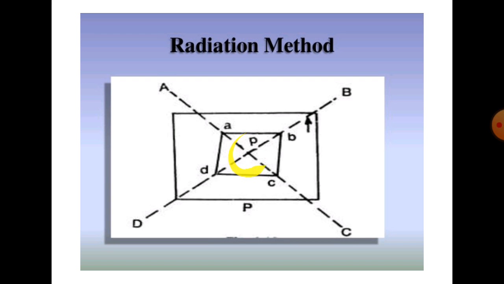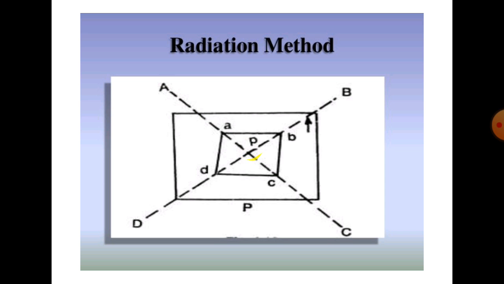Like from P to A the distance is 20 meters. If we take a scale of 1 to 1, meaning 1 meter equals 1 centimeter, then 20 meters is marked on paper as 20 centimeters. See this dotted line, clear?